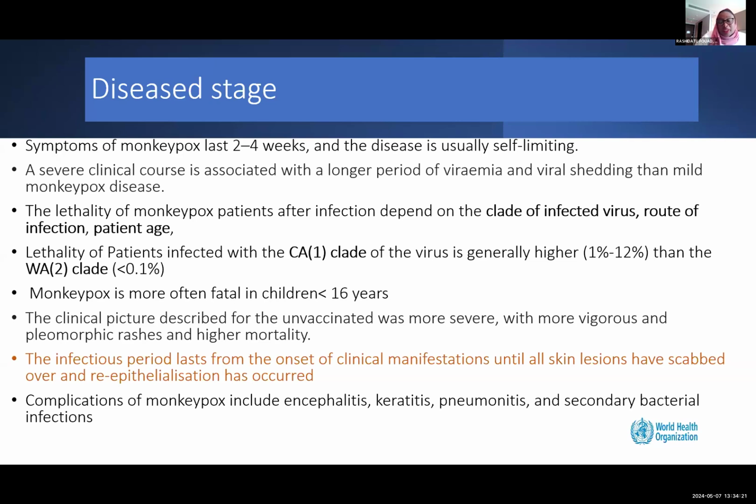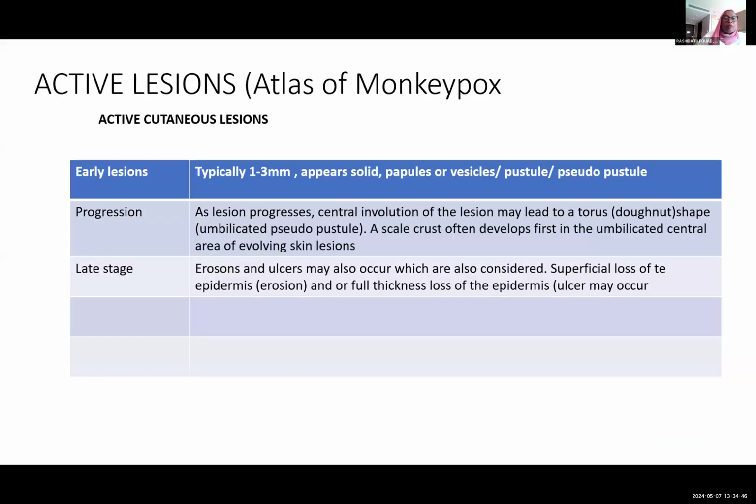So when a person becomes infected and the features can be seen, you need to stay away from that person until you can see that the skin is building back. There are a few complications which could lead to death, and these include encephalitis, keratitis, pneumonitis, and also secondary bacterial infections, especially from the exposed wounds.